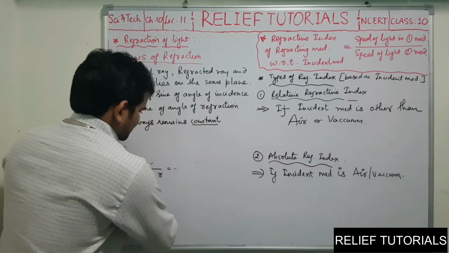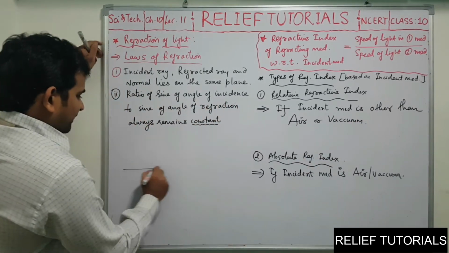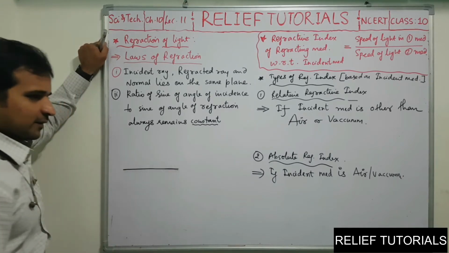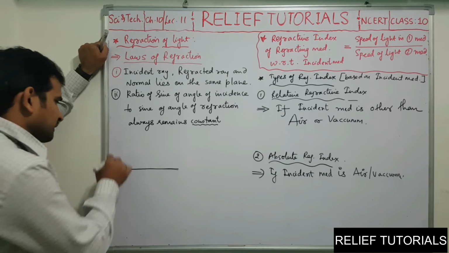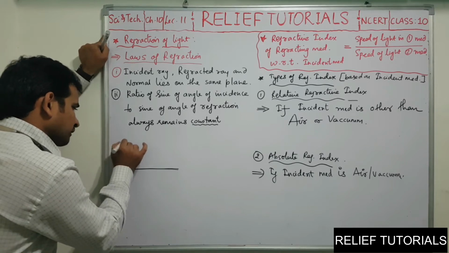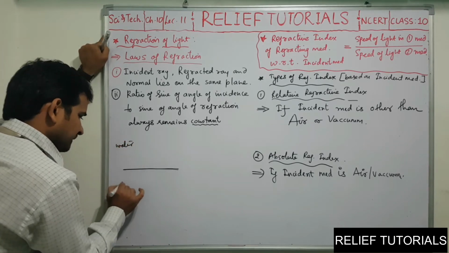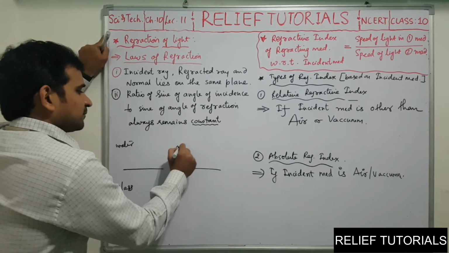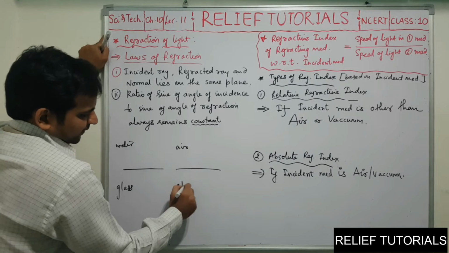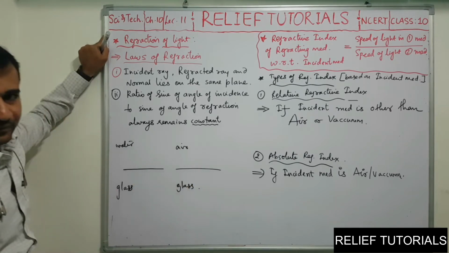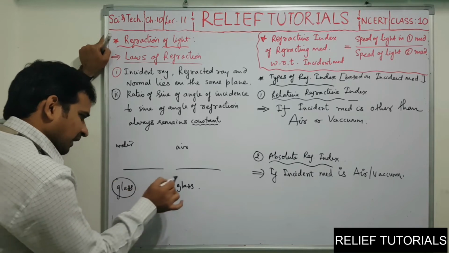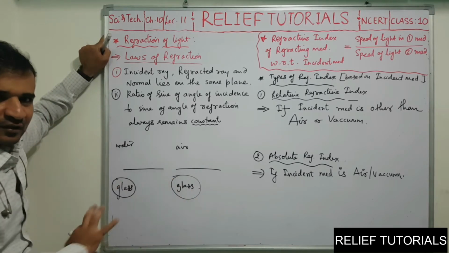Let's have an example. Consider here is the interface surface separating two media. In the first example, the first medium is water and the second medium is glass. In the second example, the first medium is air and the second medium is glass. So in both cases, the refracting medium is glass, the second medium is common.